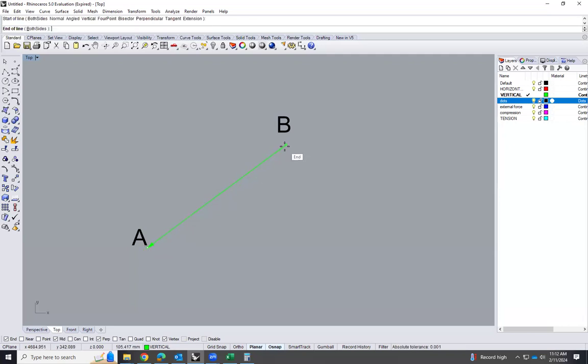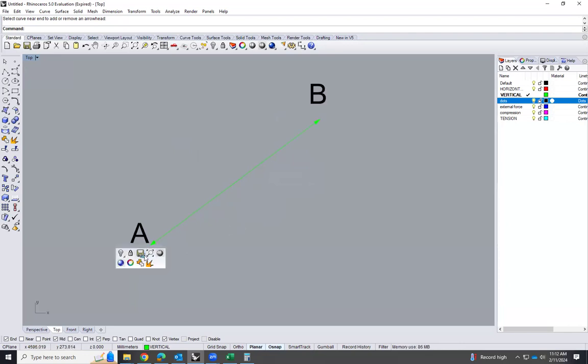So at point B, the arrow has to go in the other direction so that we have equilibrium.